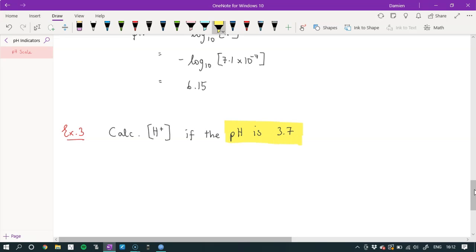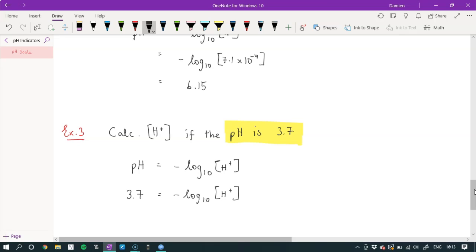The pH is 3.7. So if we take pH is equal to minus log to the base 10 of the hydrogen ion concentration, because you're told the pH is 3.7, you're actually being given the answer at the start. 3.7 equals minus log to the base 10 of the hydrogen ion concentration.